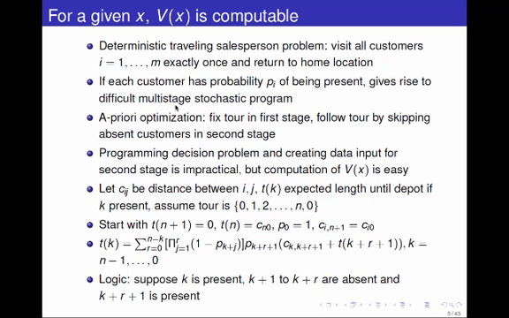What the formula here is doing for computing this t of k is a dynamic programming recursion. So the rationale is the following. When I'm sitting at k, one of the following things could happen.